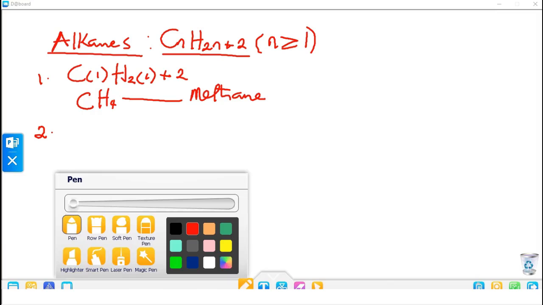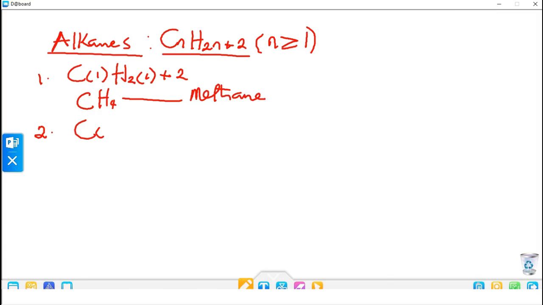We have C2 H(2(2)+2). And this gives us C times 2 is C2, H, 2 times 2 gives us 4. 4 plus 2 gives us 6. So this is ethane.